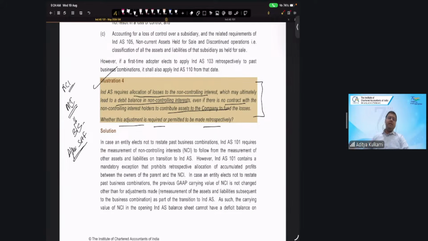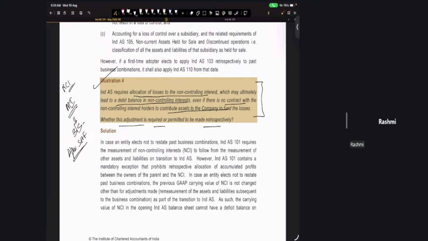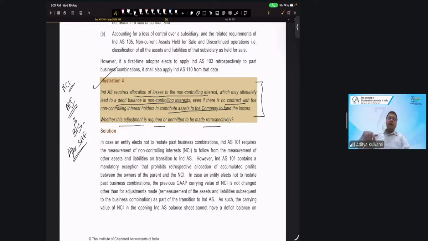If you have a subsidiary that was making loss after loss, the minority interest would bear the loss until its value became zero. Then the remaining balances after it became zero would also be borne by the holding company.